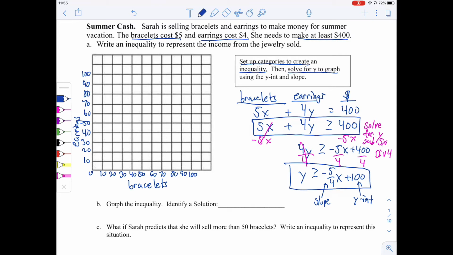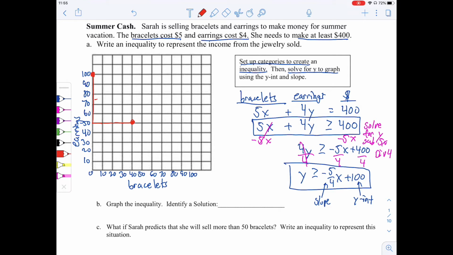So our y-intercept is 100, and we start at 100 on our y-axis. Then we're going to go down 5, right 4. Since both axes have the same intervals, by tens, we can just count by tens. So down 5: 1, 2, 3, 4, 5, right 4: 1, 2, 3, 4.